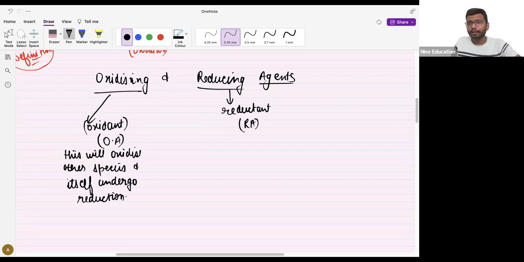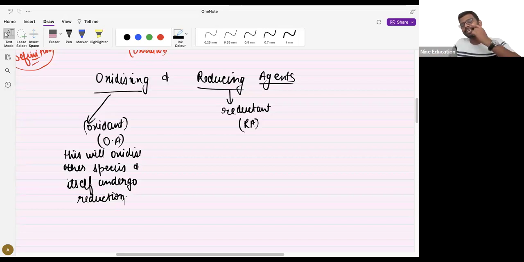Meaning, my name will be made by my work. So if I am an oxidizing agent, I will oxidize others and I myself will reduce. If I am a teacher, I will give knowledge to others and my own knowledge is decreasing. Not decreasing, it is also increasing.